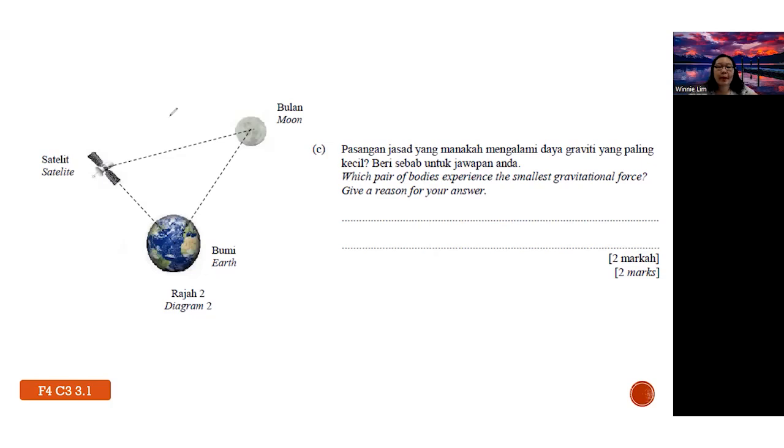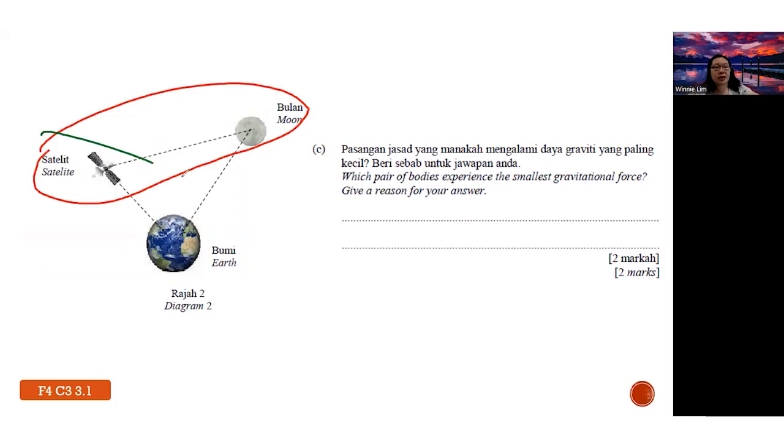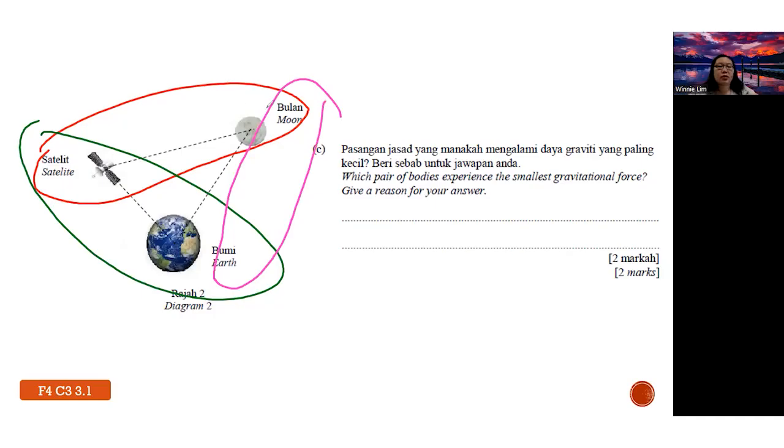You're going to compare whether it is satellite or moon, or you compare satellite with Earth, or you compare moon with Earth. So which pair of bodies basically will have the smallest force?